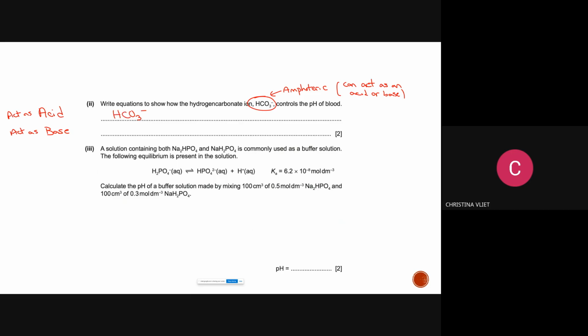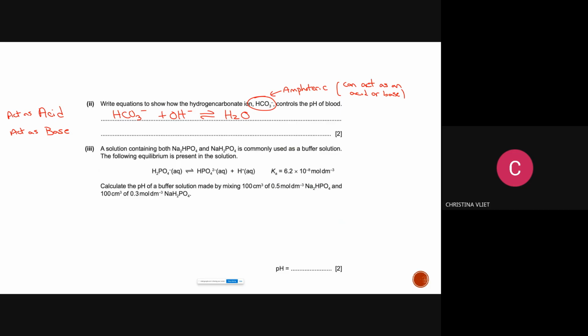If it was to act as an acid, what would I put it with? They're not telling me a specific compound, so I would just put it with the OH minus. So what would happen? OH minus takes a hydrogen, H plus ion from this, and if it takes an H plus ion, it becomes water.